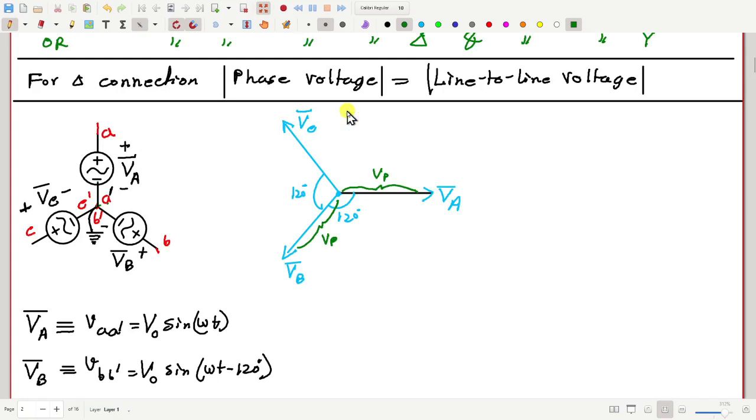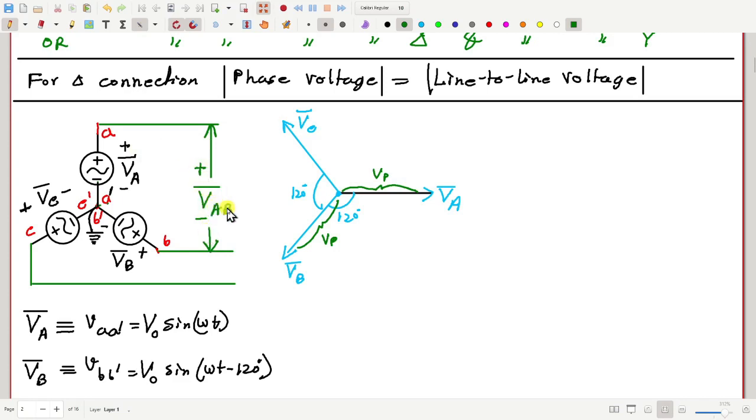Now we have 3 transmission lines. How much is the voltage from here to here? Call that VAB bar, phasor voltage. I should also put a reference direction like this, plus minus.